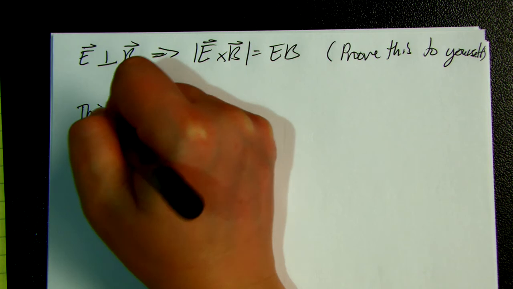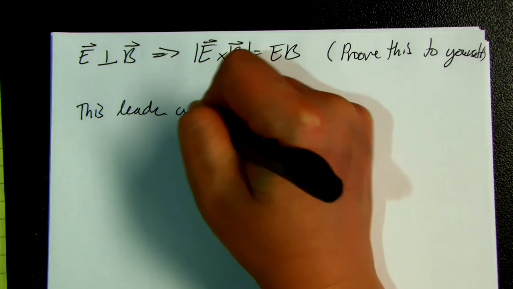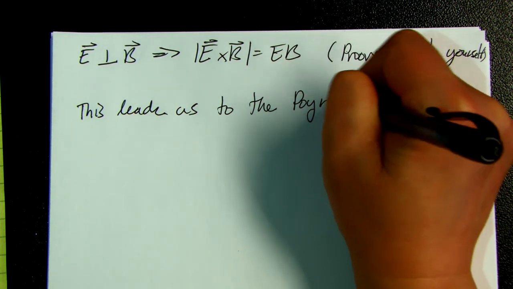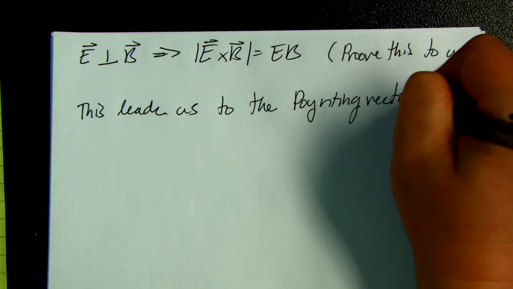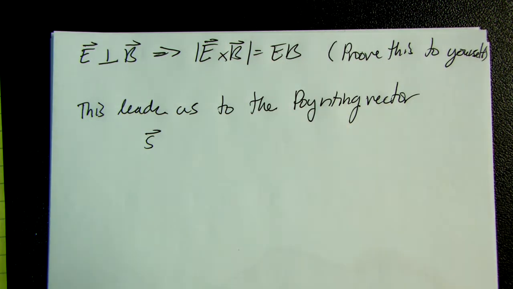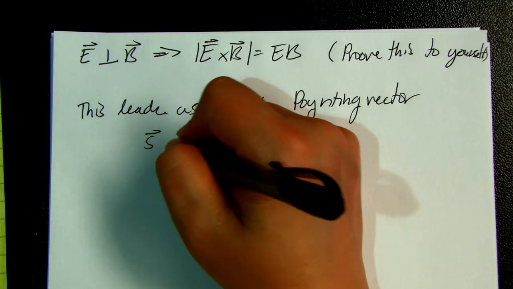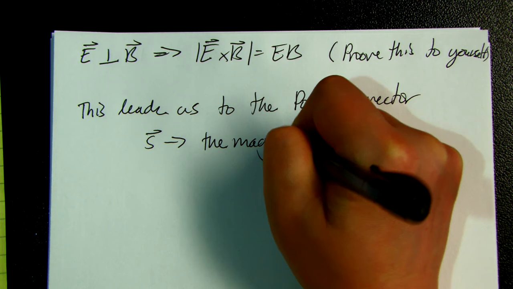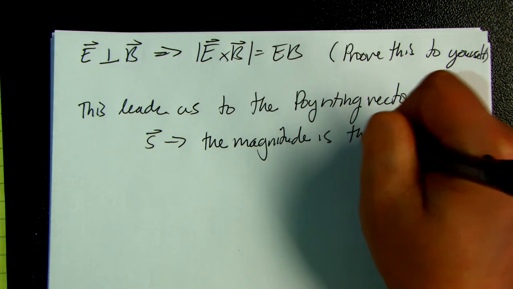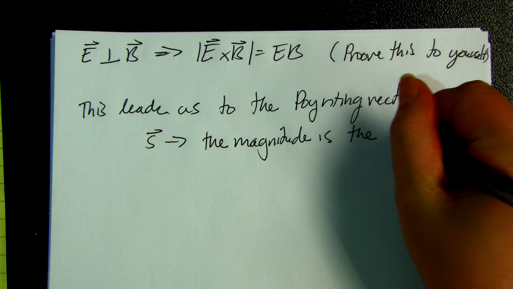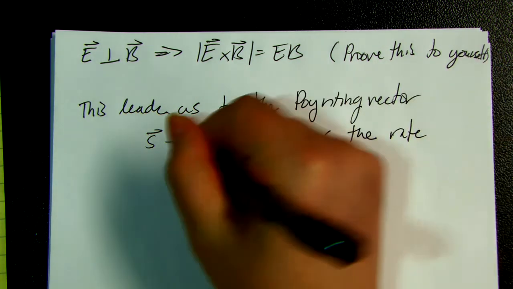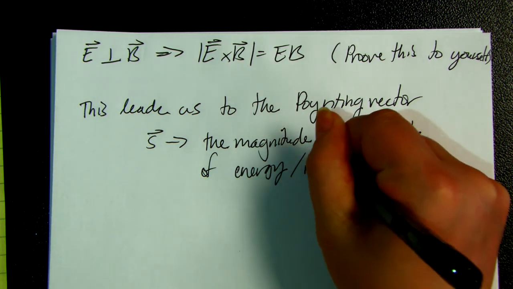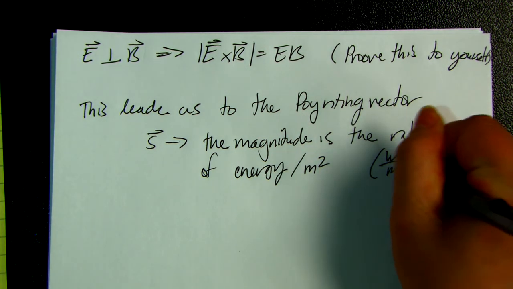And this leads us to the Poynting vector, S vector. And so the magnitude is the rate of energy per meter squared, so watts per meter squared.